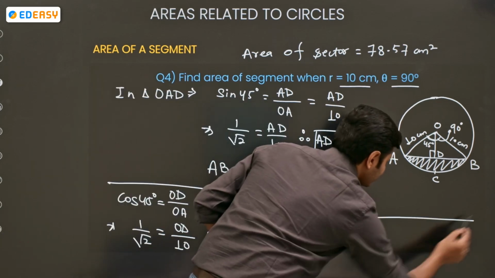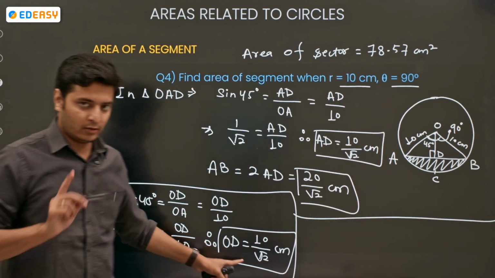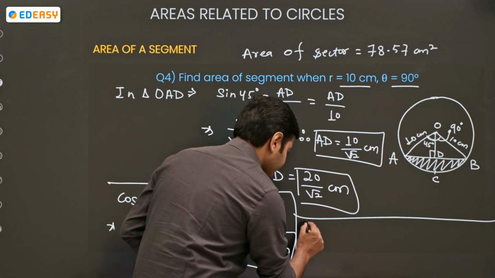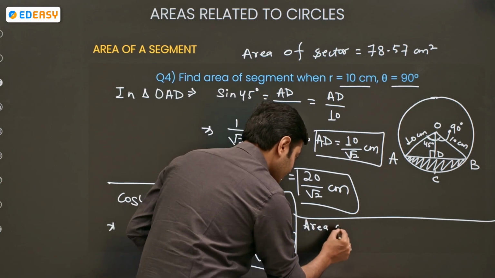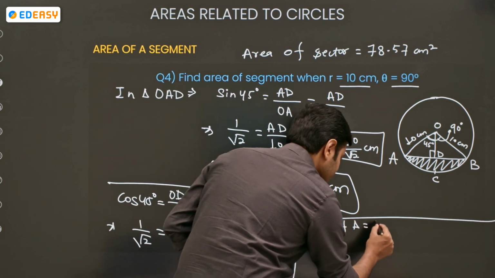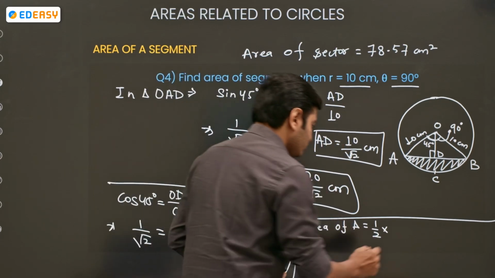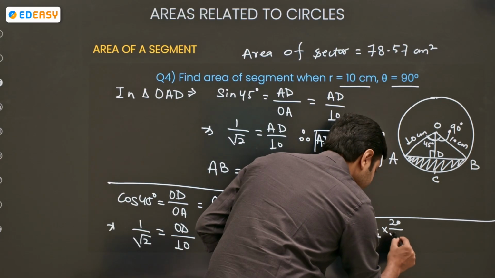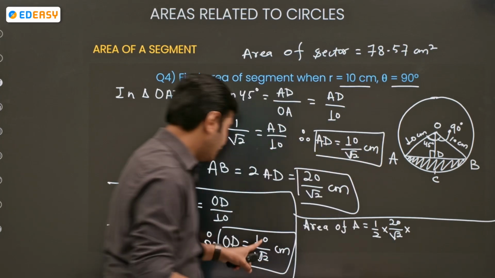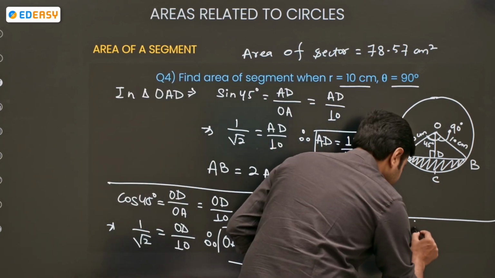Now we know the base and we know the height also. So area of triangle is half into base 20 by root 2 into height 10 by root 2.